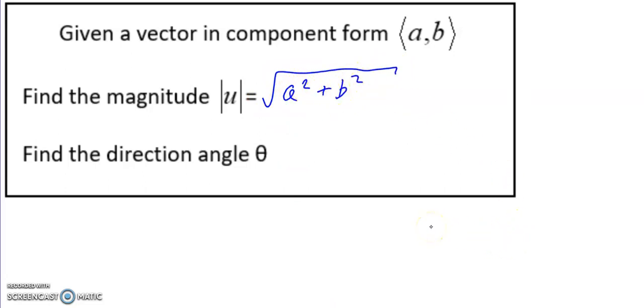Don't have to do the whole Pythagorean theorem. And then my angle can always be found by taking the inverse tangent of y over x. So two important things to know. We're going to always hit those up, make it easy peasy. Sweet.